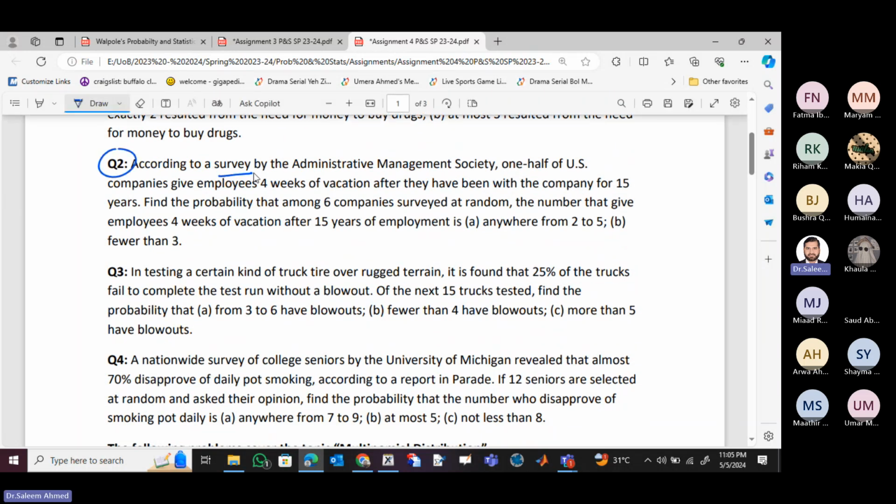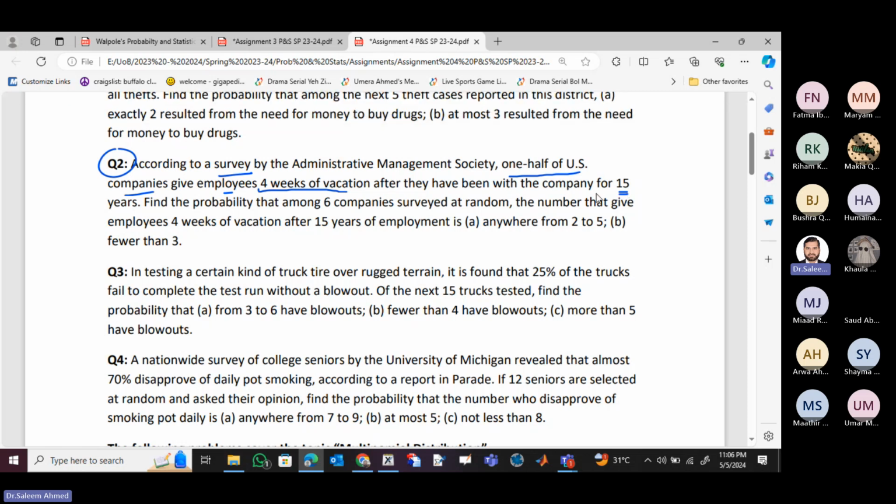According to a survey by some society, one half of US companies give employees 4 weeks of vacation after they have completed 15 years in some company. Let's say you are working in some company and you have worked there for 15 years. Now they will give you 4 weeks of vacation, right?